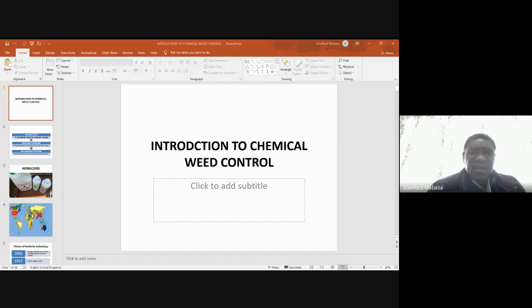Of course, there are disadvantages of using herbicide technology. Number one, these are poisons, they are toxic substances. Normally, when we talk about poisonous substances, we use LD50, which is the amount of poison which kills half of the organisms in a randomly chosen batch of named species.